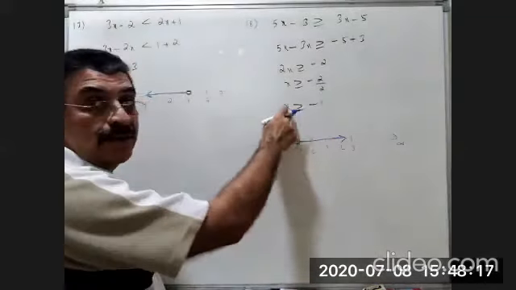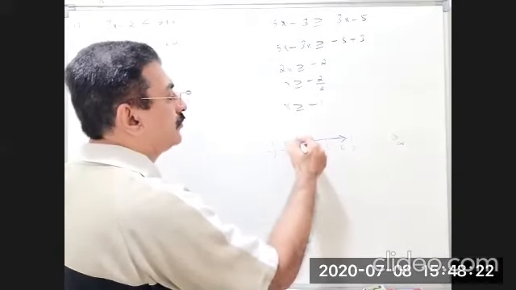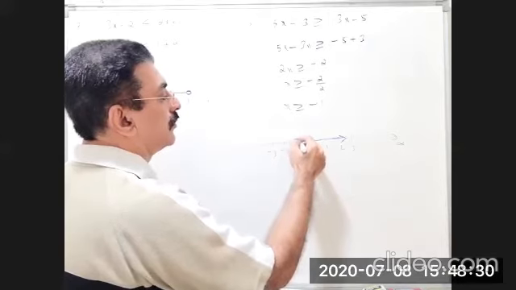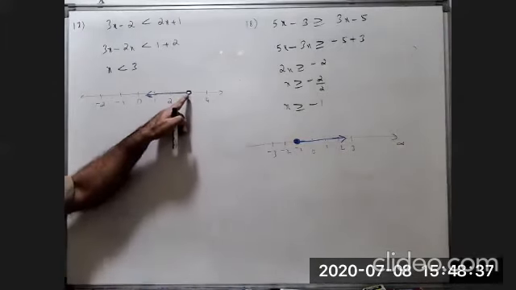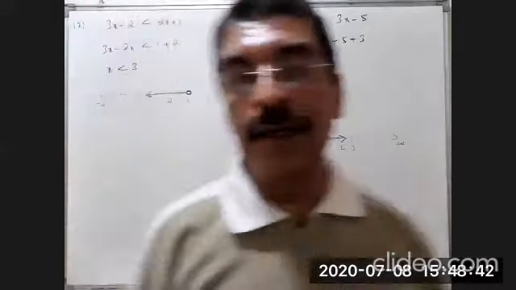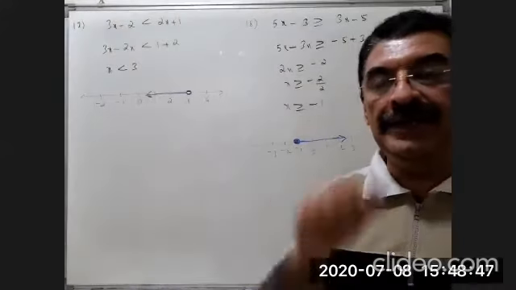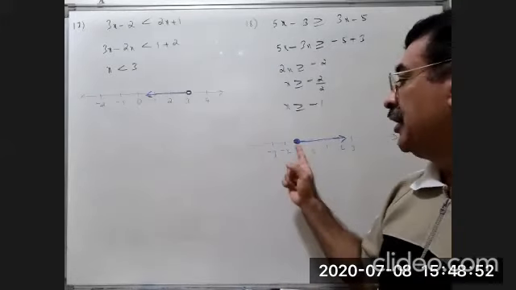Since it is greater than or equal to, we will shade inside. This is an open interval without shading inside. In that smaller circle, we will not fill the circle. We will not shade inside for an open interval, but for a closed interval, we include that circle.